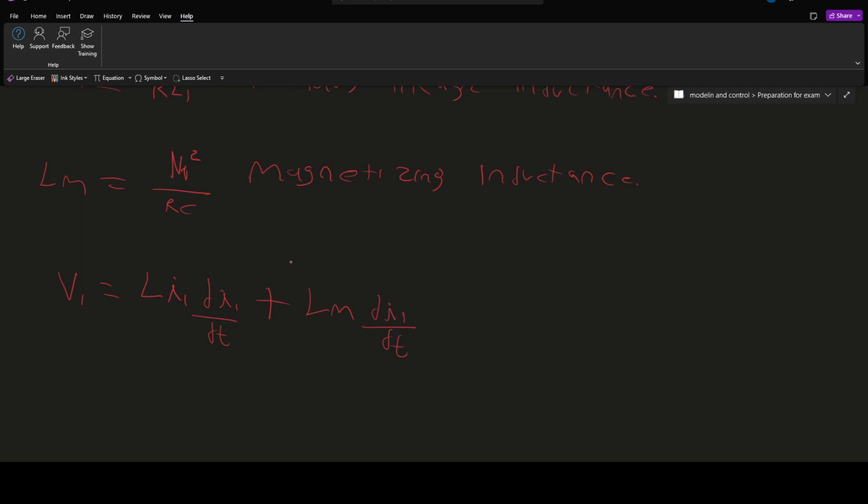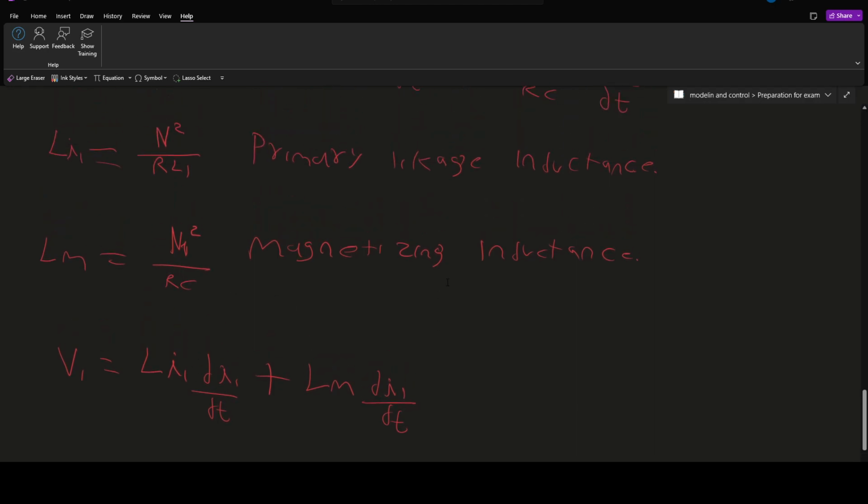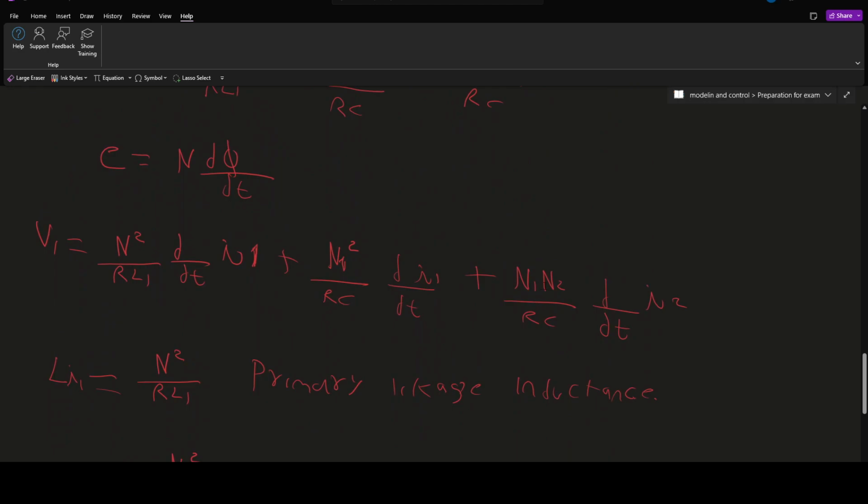This is another voltage. And now we have this other term, N1 times N2 over RC.